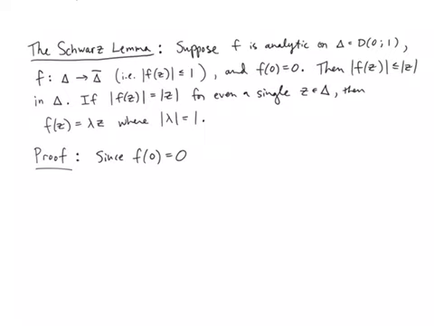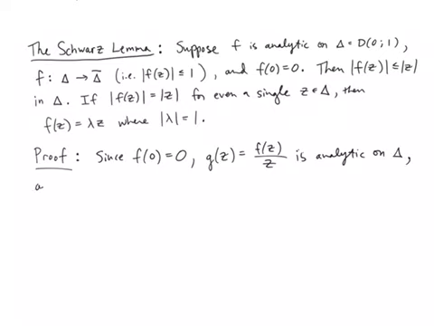So since f of 0 equals 0, g of z, which is f of z over z, is analytic on the unit disk.